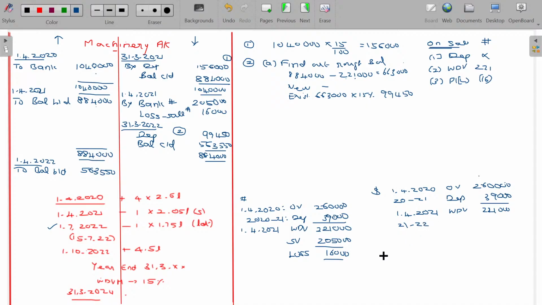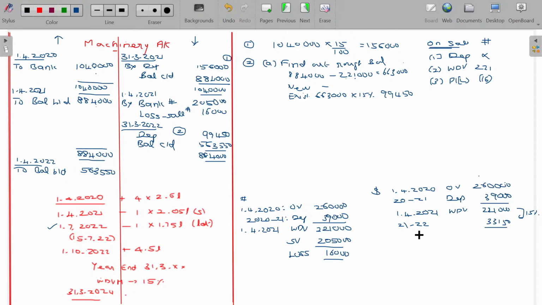Only in 22-23 we used it for a short tenure. So you have to calculate depreciation at the rate of 15% on this value. How much is that? 2,21,000 into 15% is 33,150.